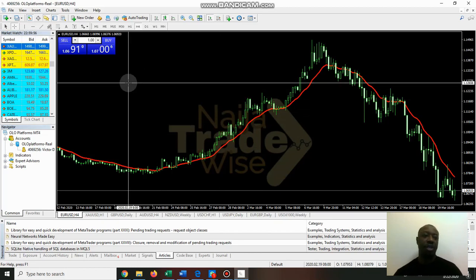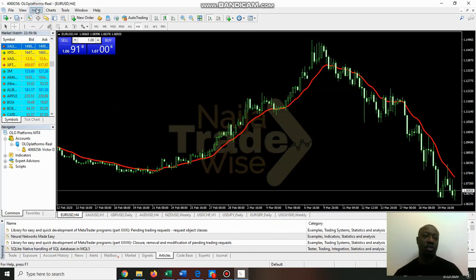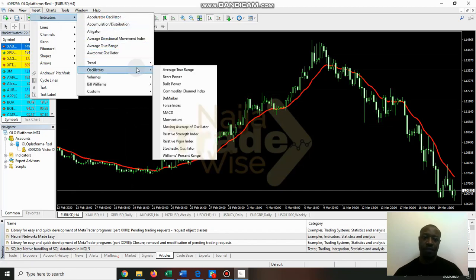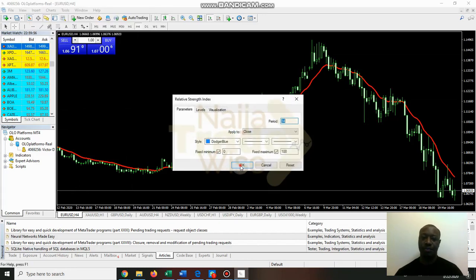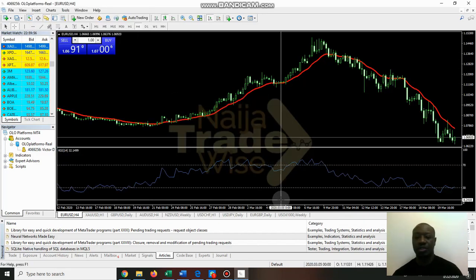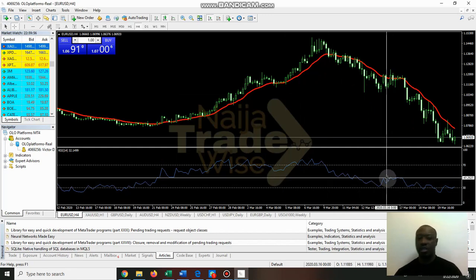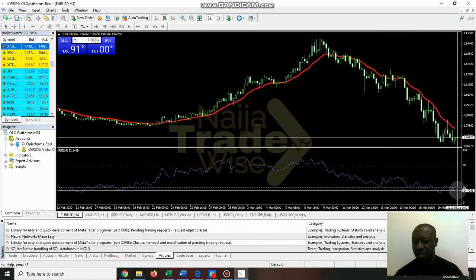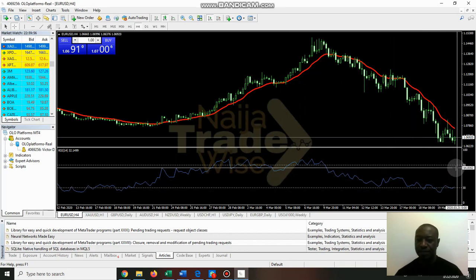You can then bring in what we call an oscillator. There are various types. You have the relative strength index. The settings are always there, so you don't have to do anything. As we can see here, sometimes they have different readings, but here it's 30 and 70.